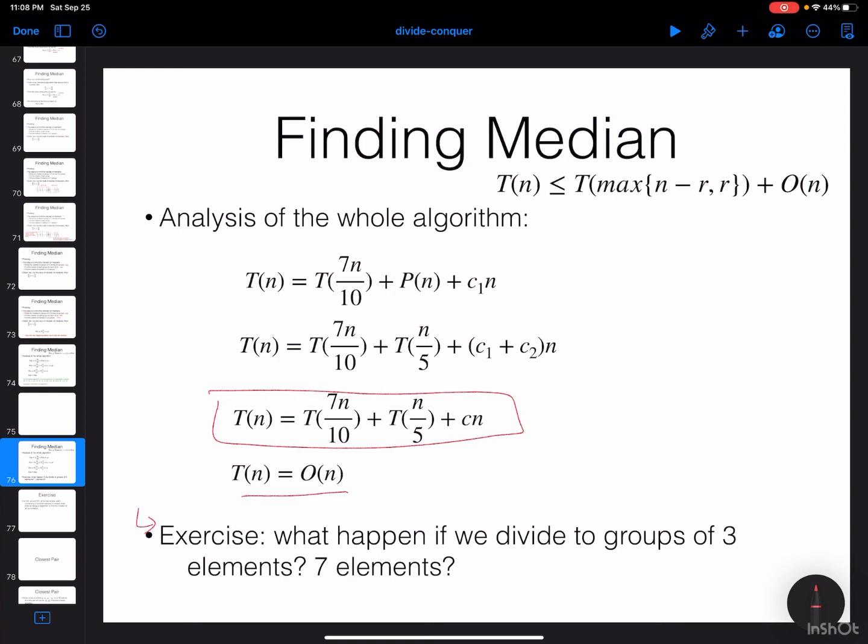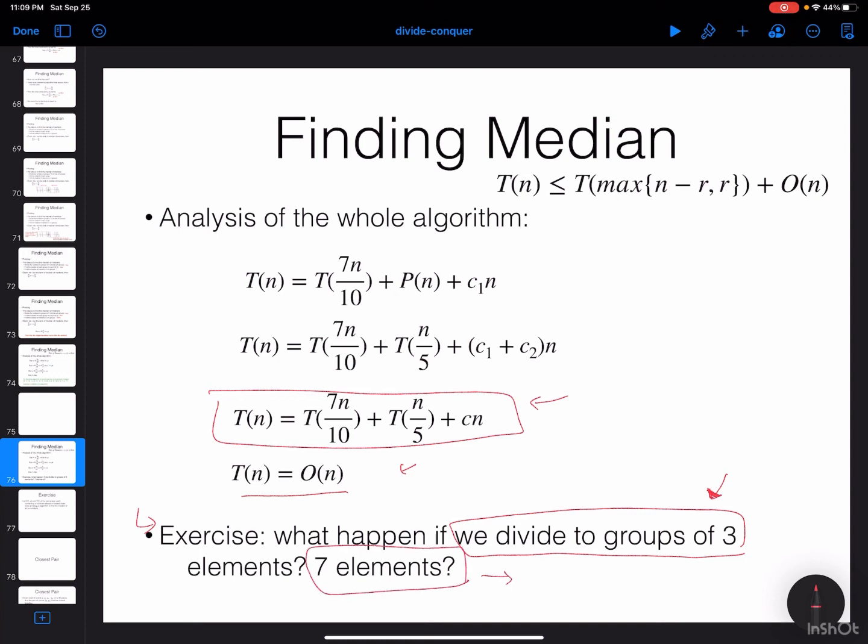So instead of dividing the items into groups of 5, try that pivoting algorithm with dividing all the items into groups of 3, and see what you will get as the recurrence relation, and what the final time complexity will be. And also try it with 7 elements.